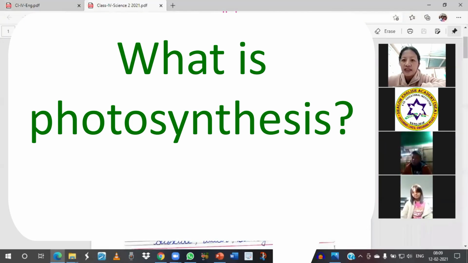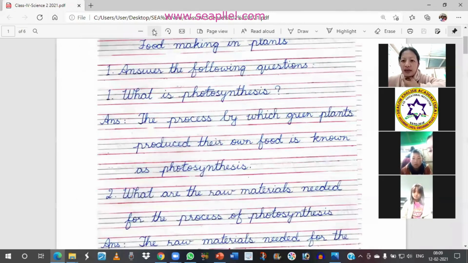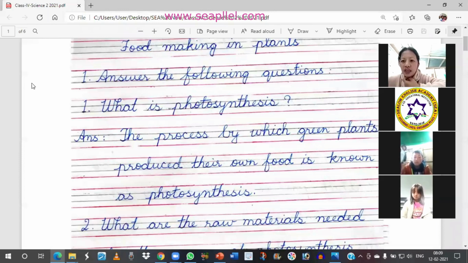The first answer. What is photosynthesis? The process by which green plants produce their own food is known as photosynthesis. Can you see?